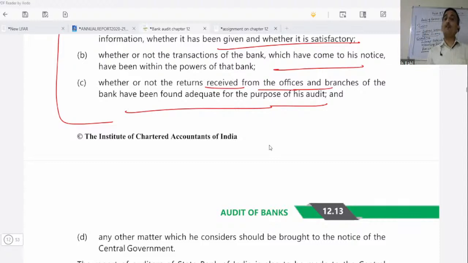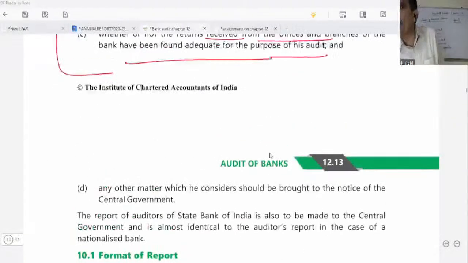So the auditor has to specifically state whether the returns received from the offices, meaning administrative offices, and branches of the bank have been found adequate for the purpose of his audit.